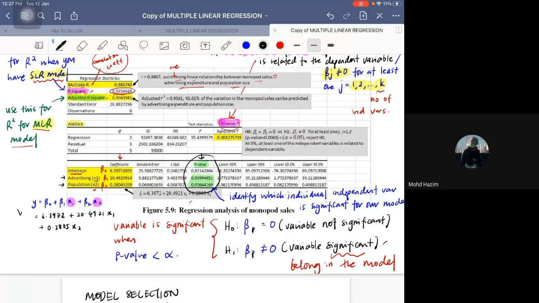You test each of the variables, whether the p-value is greater or less than alpha. The variable is significant for the case of the alternative, when your p-value is less than alpha. The smaller the p-value, the higher the significance of the variable in our model. That is what it means.